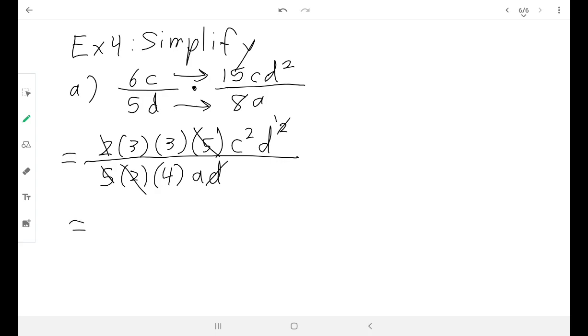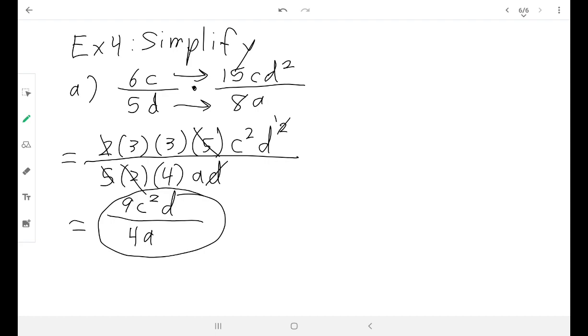And so I wind up getting, let's see, I got 3 times 3, so that's 9, c squared, and a single d, d to the first or just d, over, I'm left with a 4 as a number and as a variable a, so over 4a.